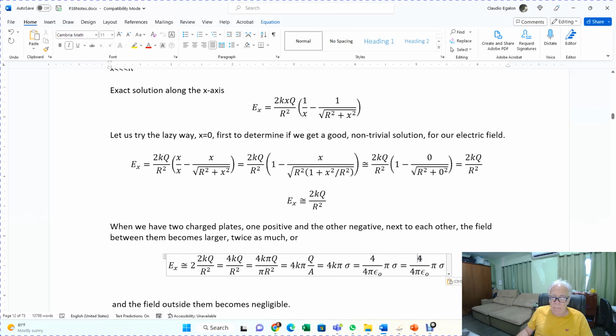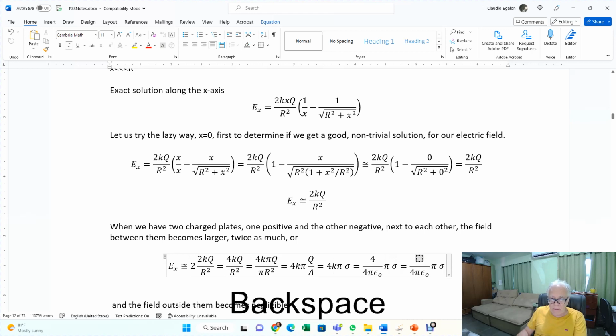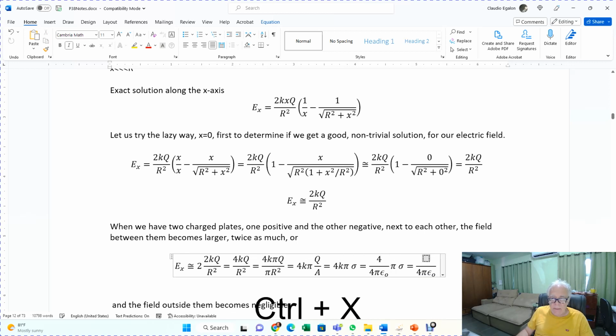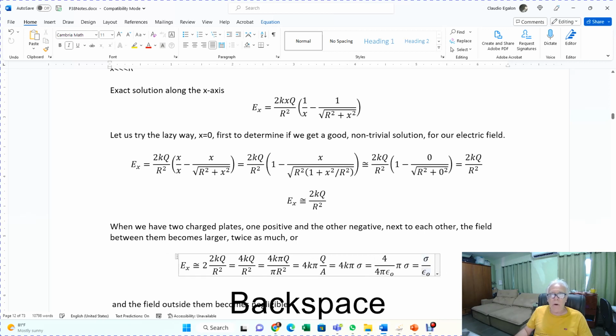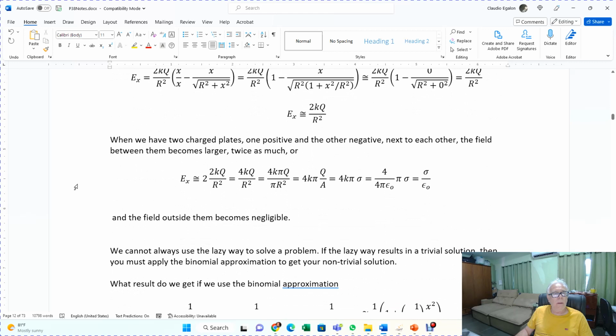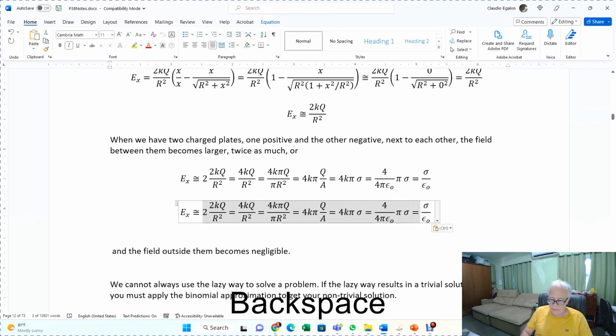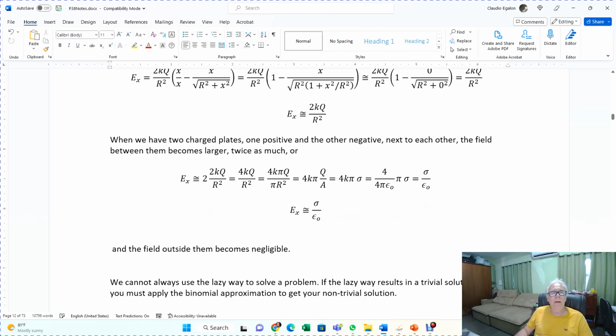Okay, the 4 and pi cancel each other, and you end up getting what? Sigma divided by epsilon naught. That's just another way of rewriting your electric field inside the volume of the two charged plates.